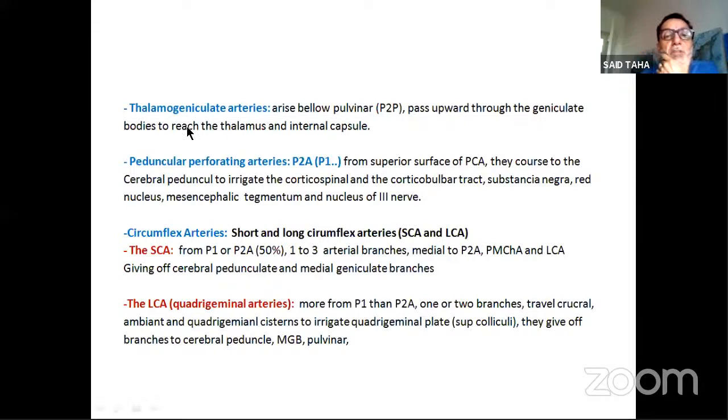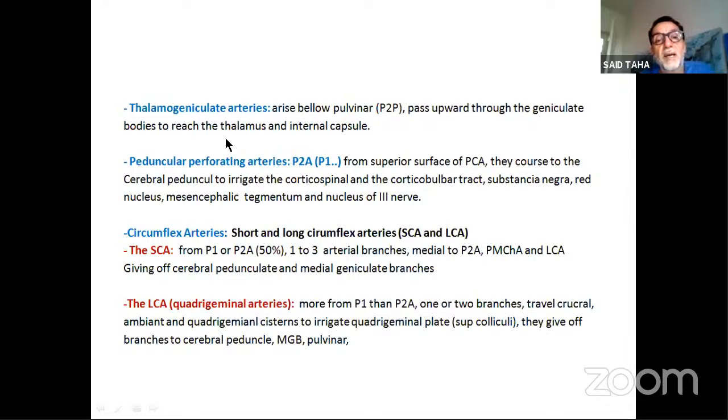The thalamogeniculate arteries arise below the pulvinar, from the distal part of the posterior cerebral artery in the middle space, and pass upward through the geniculate bodies to reach the thalamus and the internal capsule.